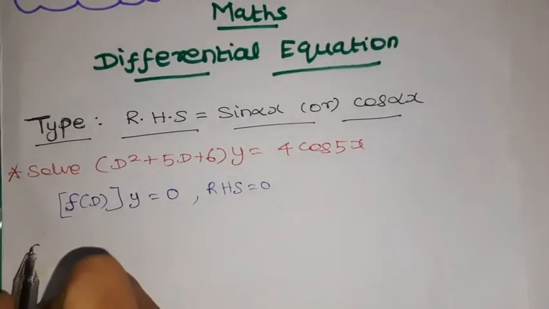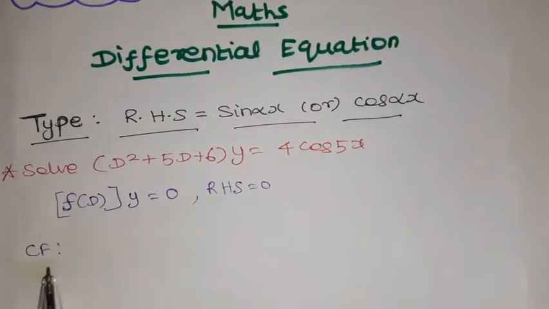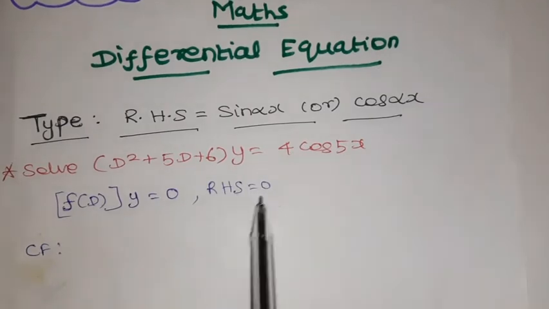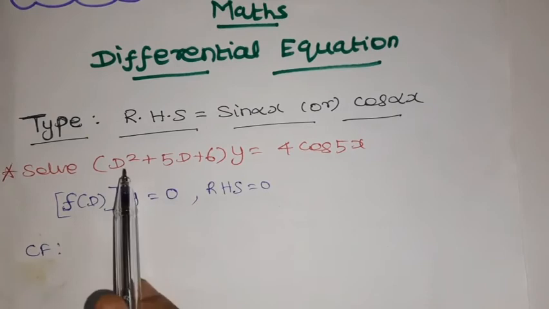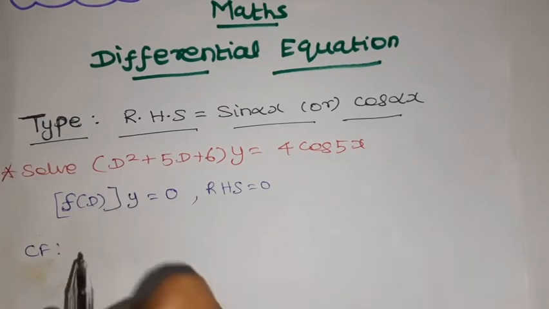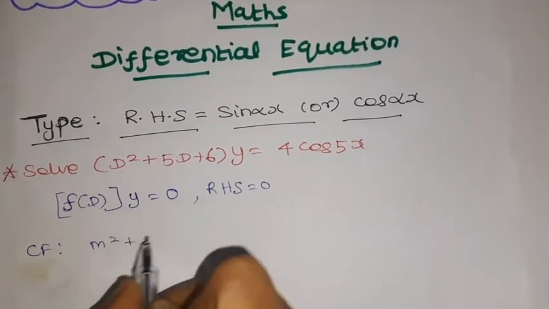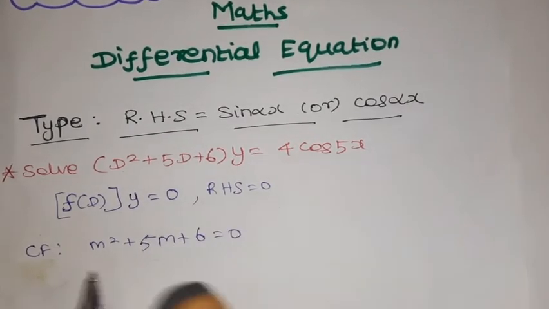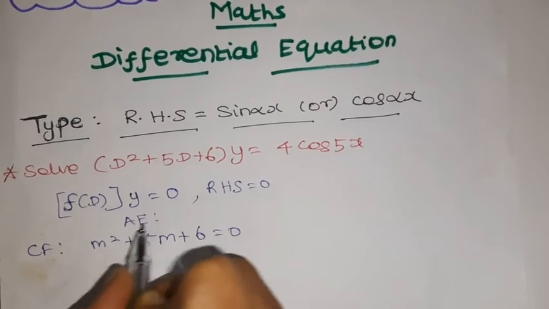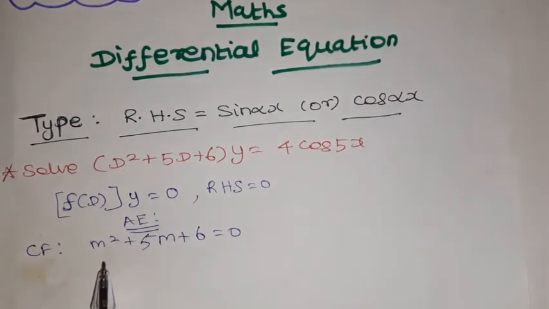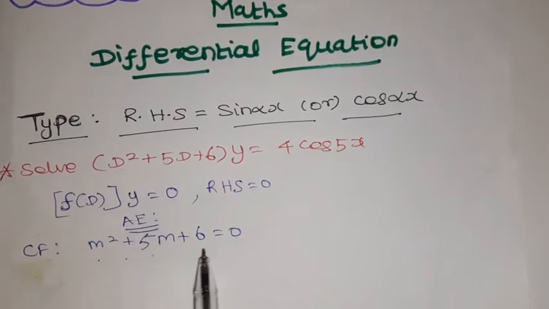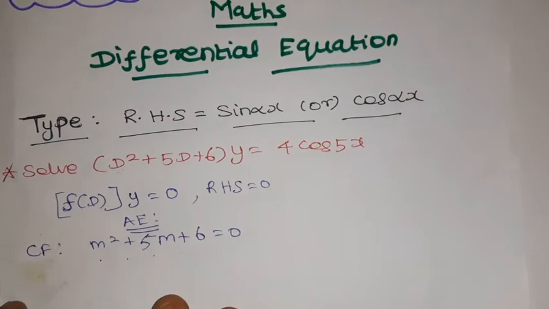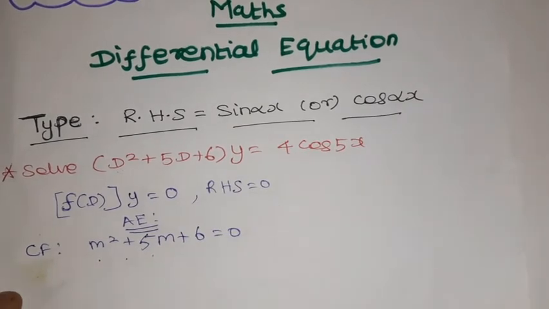To find the complementary function CF, we assume RHS equal to 0 and then replace d by small m: m squared plus 5m plus 6 equal to 0, which is nothing but the auxiliary equation. And then what is the next procedure? We need to find the roots for m.